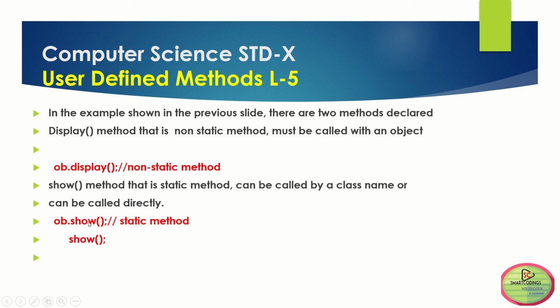See, the show method can be called by a class name or can be called directly. So here it will be class name. Sorry, it will be class name over here. Let me just rectify this one.